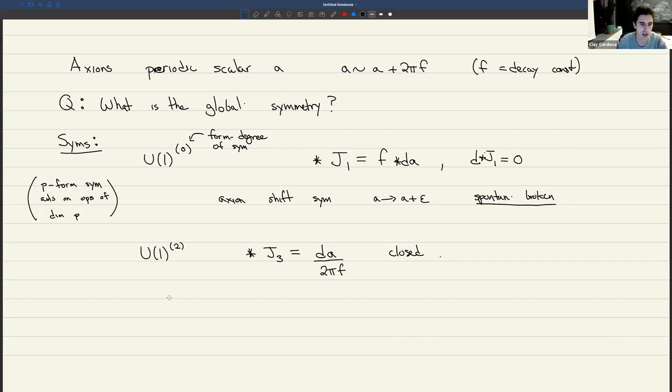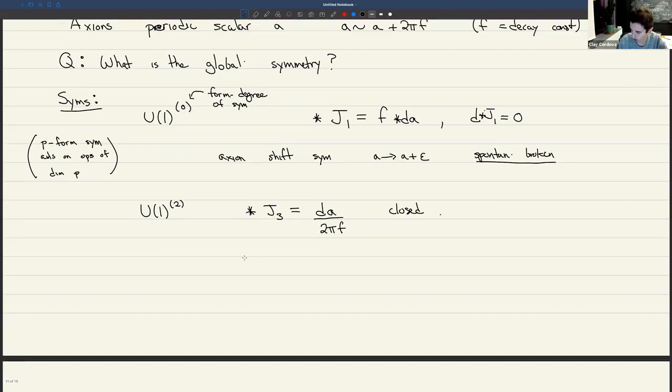Now, a 2 form symmetry, as I've indicated, should act on objects of dimension 2. What are they? So we can make a string as follows. Here we're going to put some extended operator. This is the transverse space. And surrounding this string is a little 1 cycle.